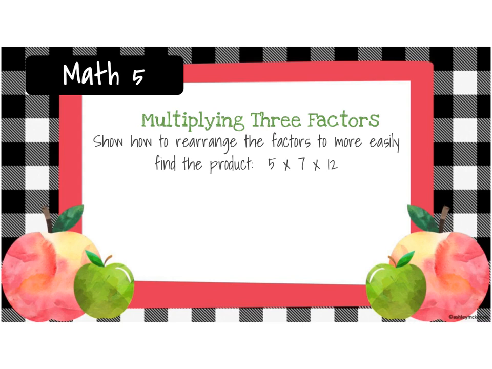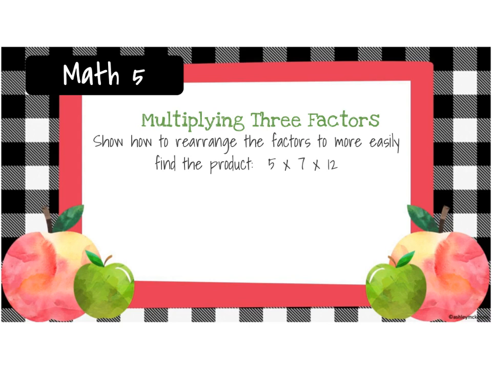Show how to rearrange these factors so that you could more easily find the product. How could you rearrange this so that you can more easily find the product? Please show me on your whiteboards, and if you're at home, write it down, pause the video, and then check when you're ready. Okay, so when I said rearrange the numbers, I mean rearrange the factors. Most of you on your whiteboards did that.